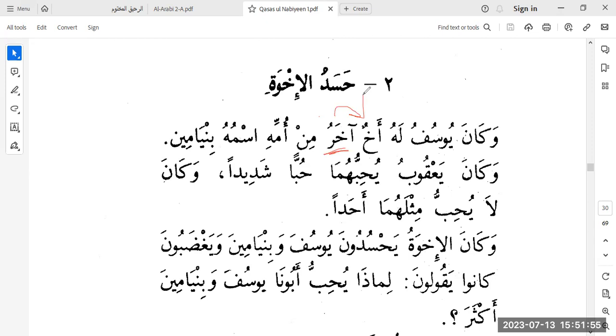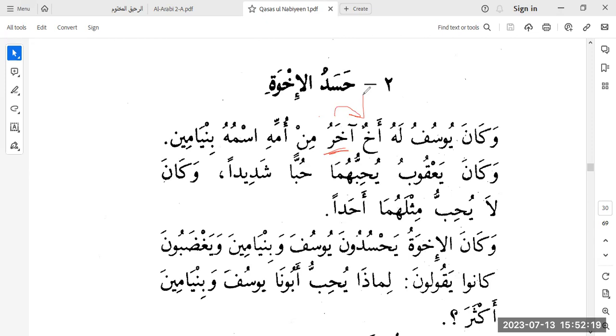But if it's a mudaf, then it's marfu' by waw, abu. If it's mansub, then it is aba. If it is majroor, it will be abi, abina, abika, like that. So al asma al khamsa, you'll have to add waw, alif, and ya in these three cases, but not when it is not mudaf. So akhun akhar means another brother.